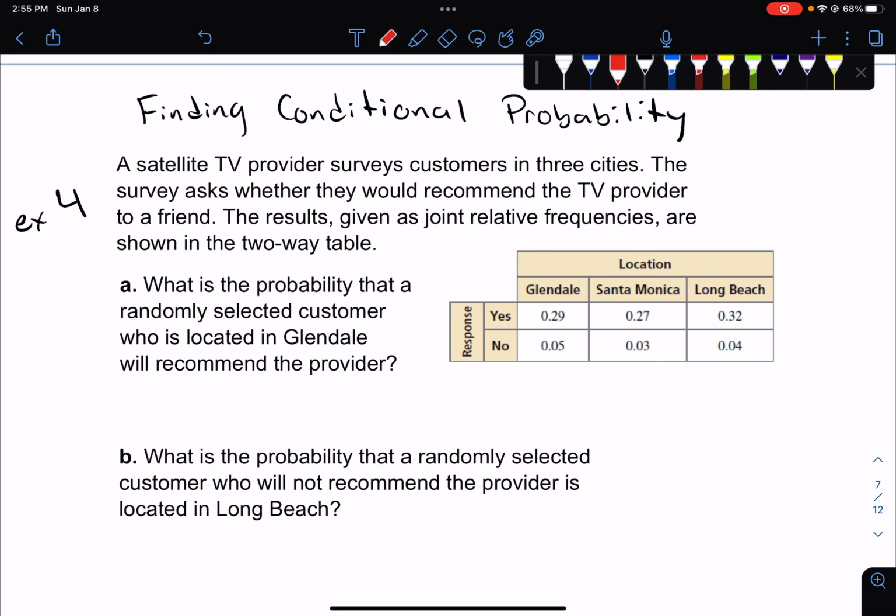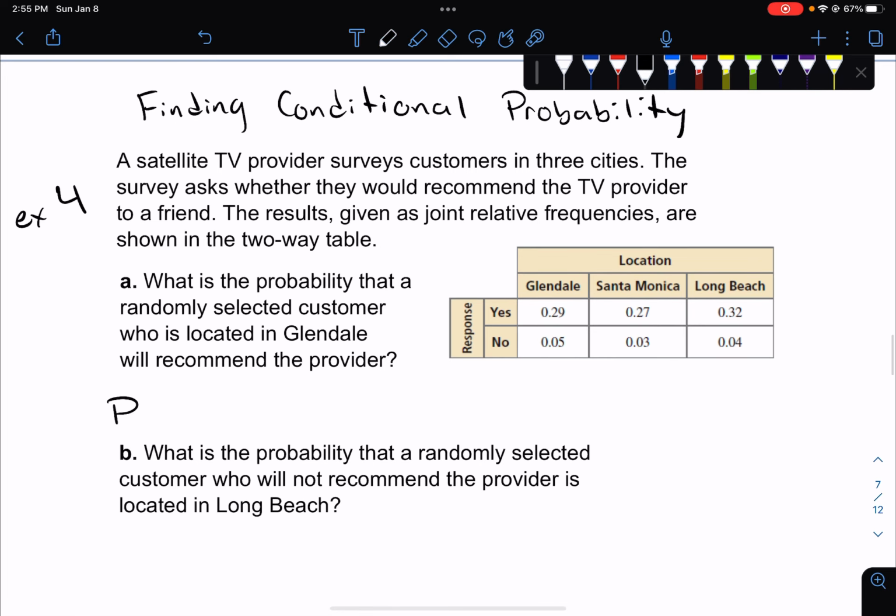What it wants me to find is what is the probability that a randomly selected customer who is located in Glendale will recommend the provider. So it wants to know if someone lives in Glendale, what's the probability that they recommend the provider? So this is one of those conditional probabilities.